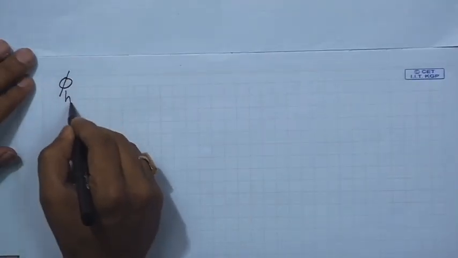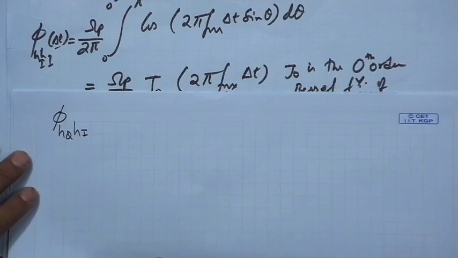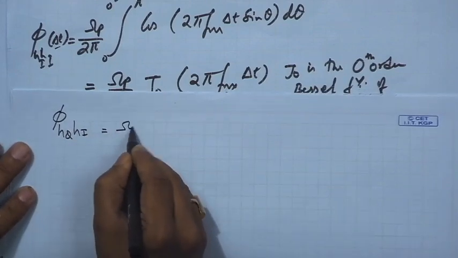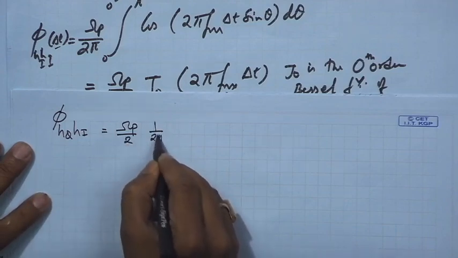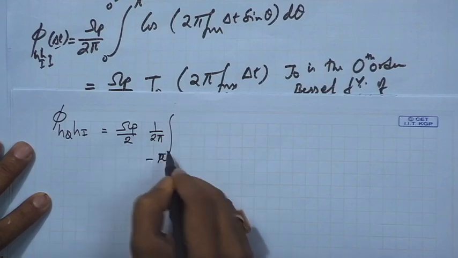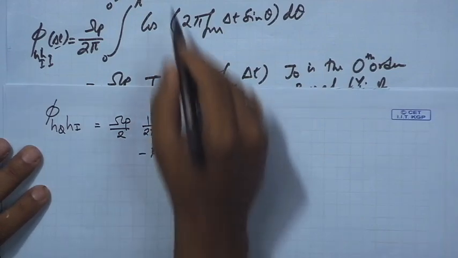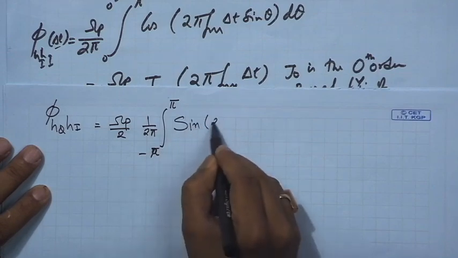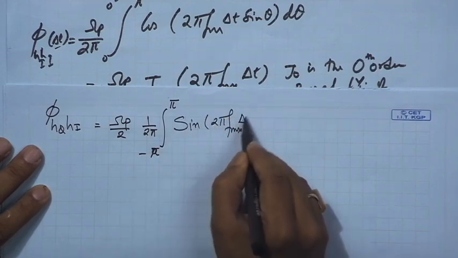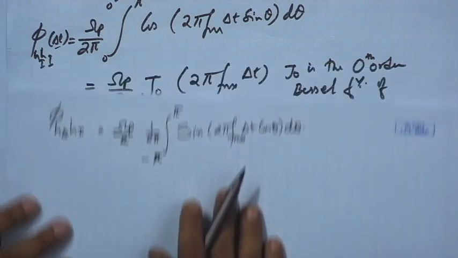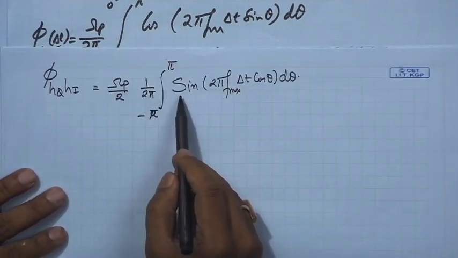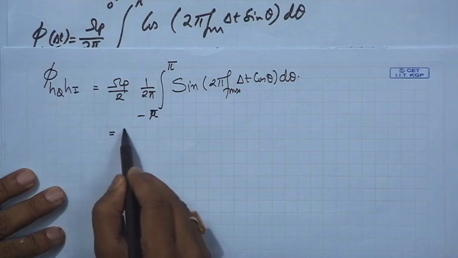To complete the description, we also need to write the expression for phi_hQhI. Now looking at the expression for phi_hIhQ, we can more or less guess what phi_hQhI will be, that is, the correlation of the cross components. Integral from minus pi to pi, instead of cos, what we have is a sin(2 pi f_max delta t cos theta) d theta, and for cos we got this J0, but for sine, since it is an odd function, this will turn out to be 0.